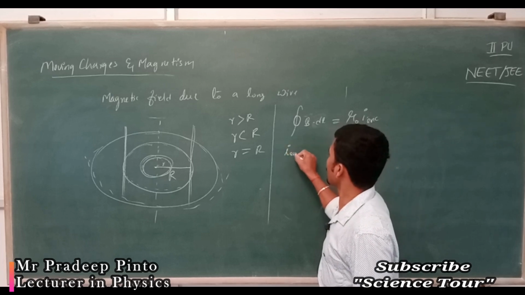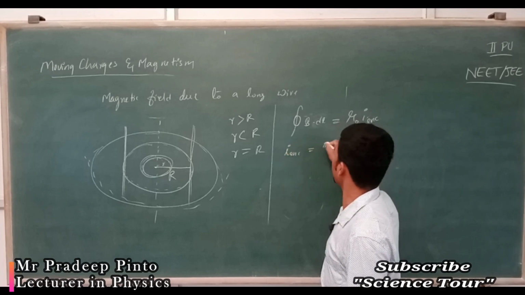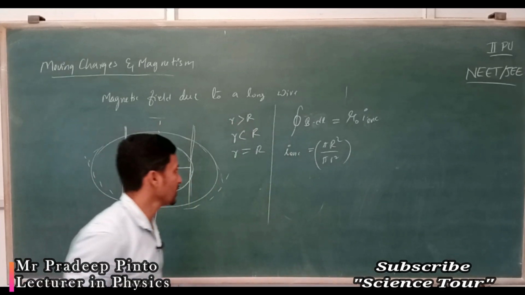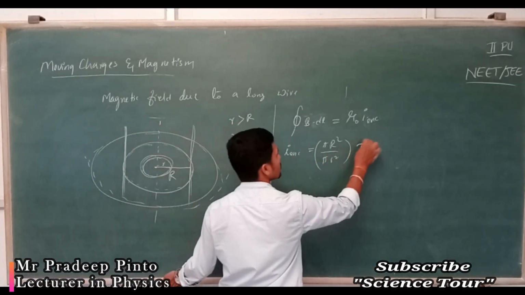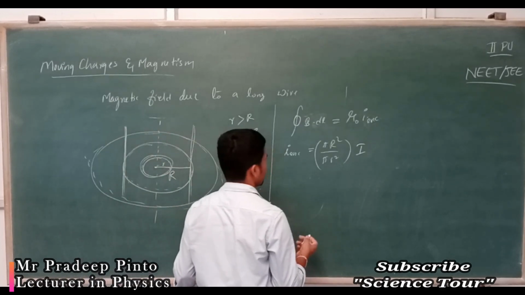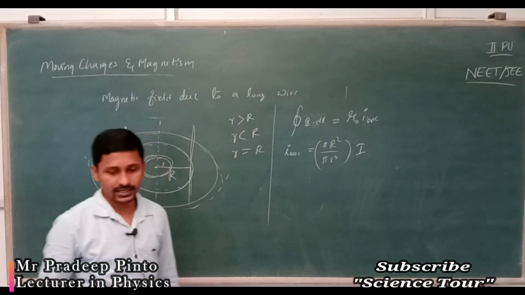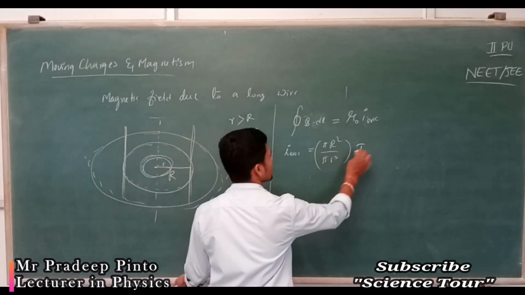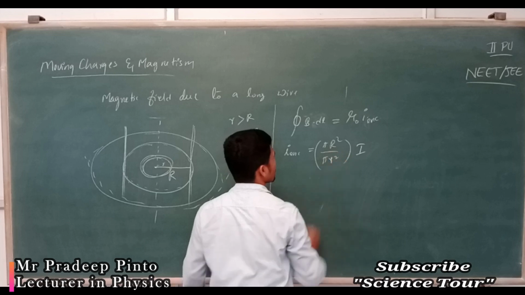I enclosed by that surface is nothing but πr² divided by πR², into I, where I is the actual current.